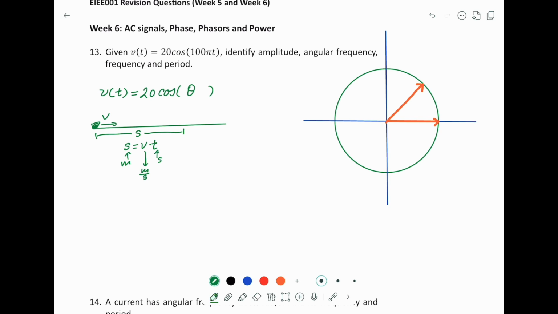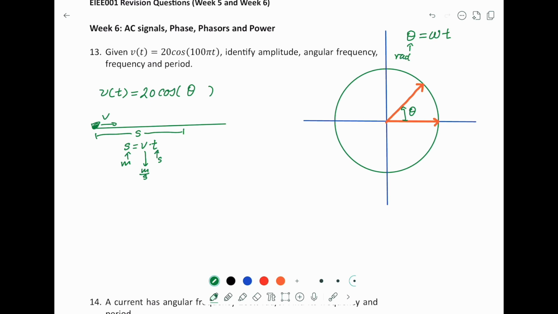So the angle here is theta, and this theta changes with respect to time. So we can write theta equal to omega times t. We call omega the angular velocity because it's the change in angle per unit time. And theta is measured in radians.